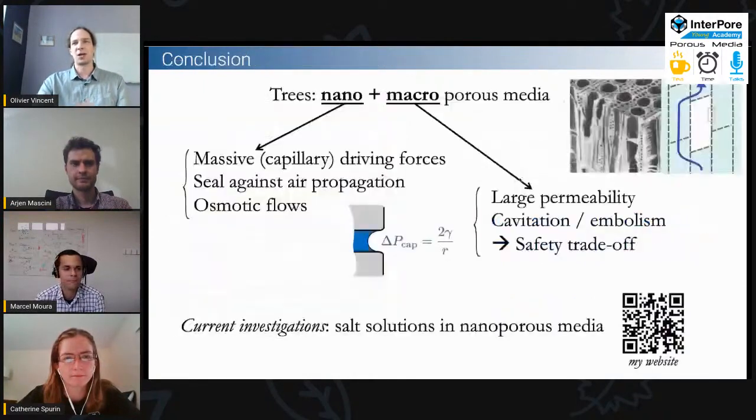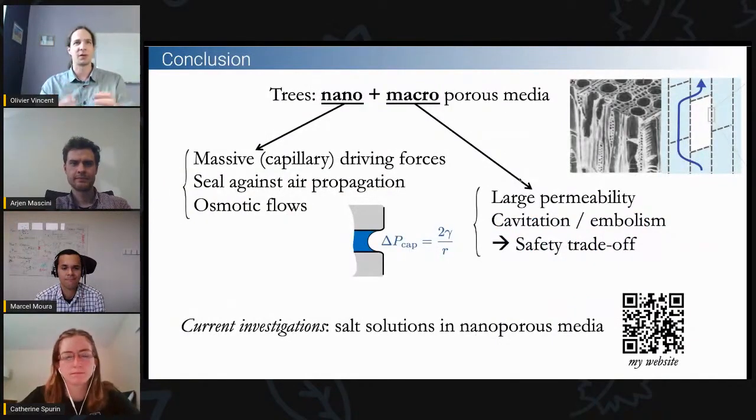Okay, so that's what I wanted to show in this short talk. It's actually a combination of different papers that we did that I'm going to show later. The conclusion of what I wanted to show is that trees have this combination between macroscale features and nanoscale features. The nanoscale features enable massive capillary driving forces through the system, on the order of hundreds to sometimes thousands of bars.